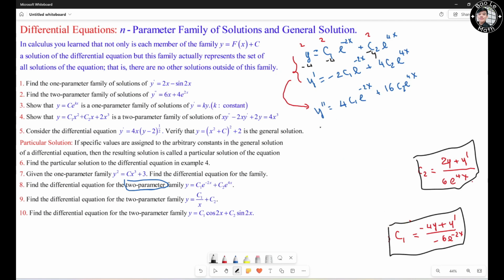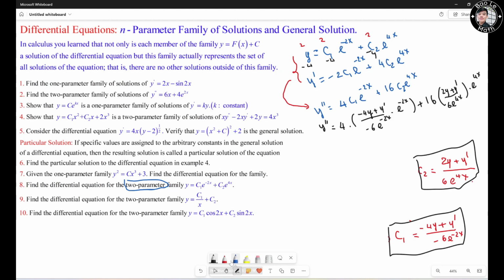So what do we have? y double prime equals 4 times c1, and c1 equals negative 4y plus y prime over negative 6 e to the negative 2x, times e to the negative 2x, plus 16 c2, and c2 equals 2y plus y prime over 6 e to the 4x, times e to the 4x.